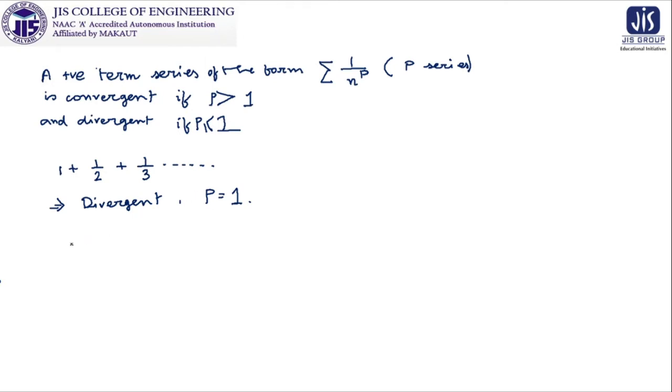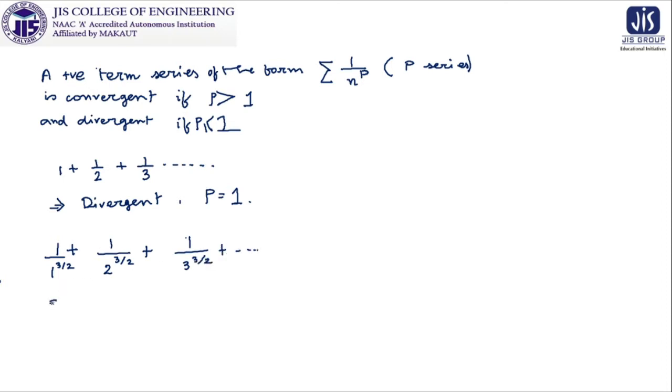Similarly, suppose we take another series: 1 by 1 to the power 3 by 2, plus 1 by 2 to the power 3 by 2, plus 1 by 3 to the power 3 by 2, plus dot dot dot.